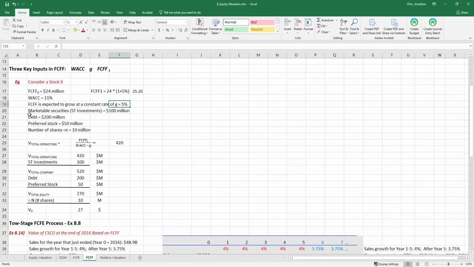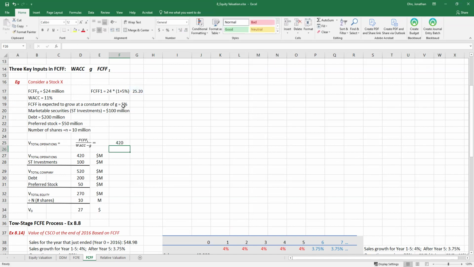Now, given all this information, this is the typical step. To calculate the market value of total operations, we use our first free cash flow of 25.20 divided by the weighted average cost of capital of 11% minus the growth rate of 5%.